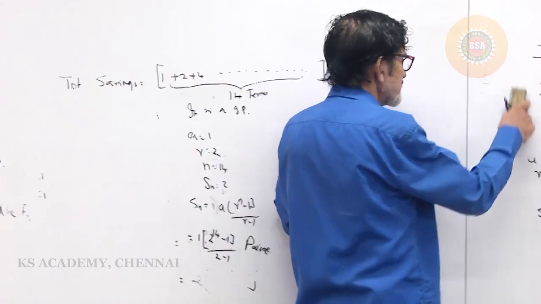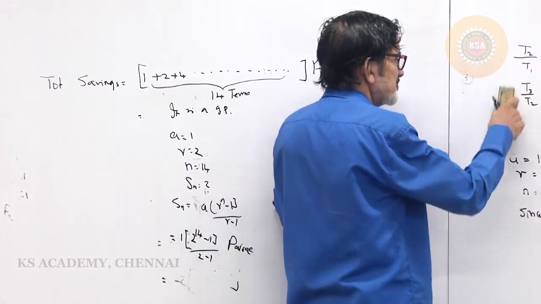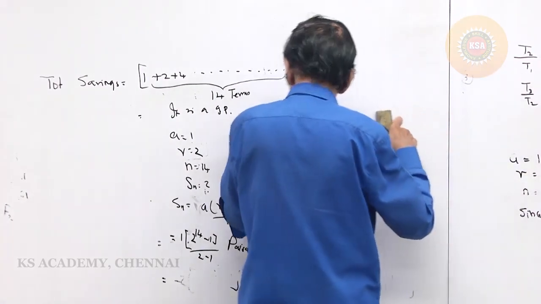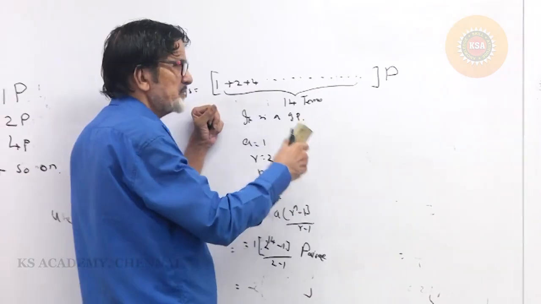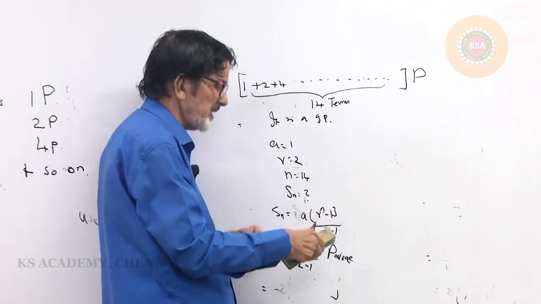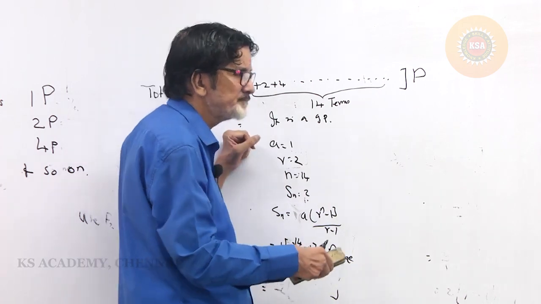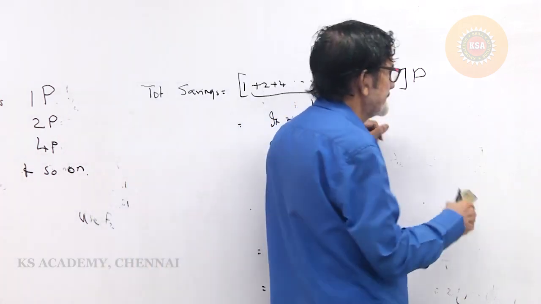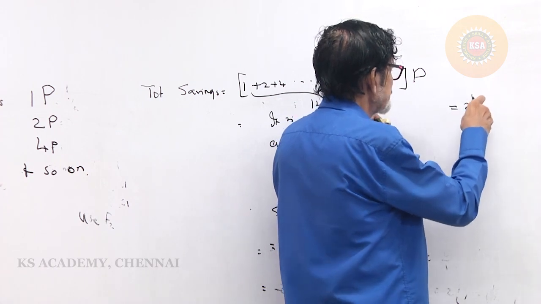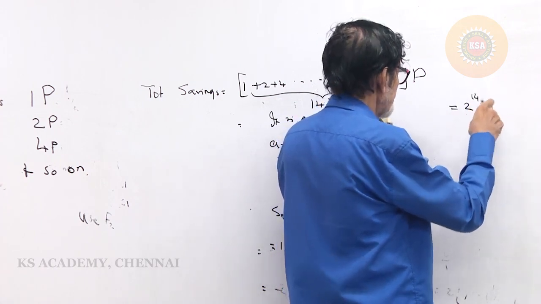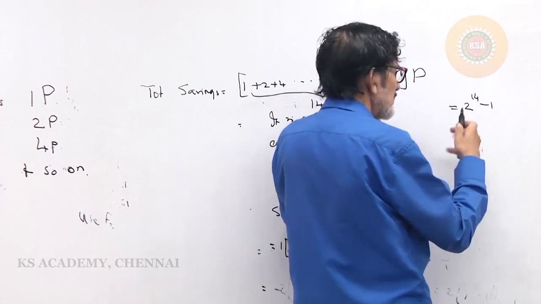It is an examination problem, and the answer is given in rupees in the options. All paise figures you are adding; if you add them, the result is in paise. So many paise, you have to calculate. 2 to the power of 14 minus 1. Denominator division by 1, no effect.